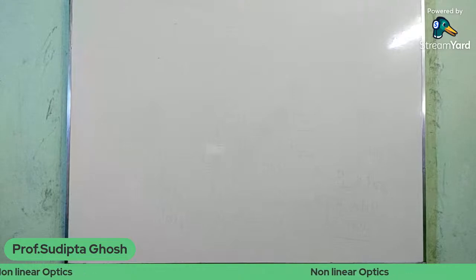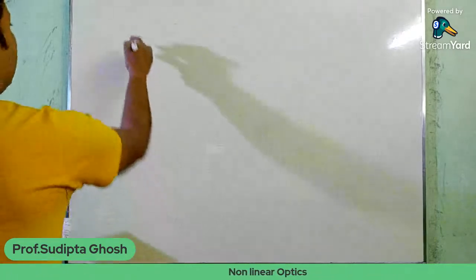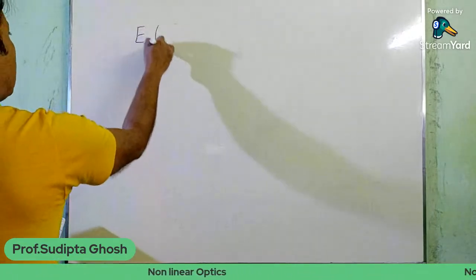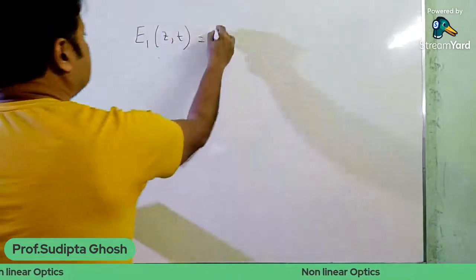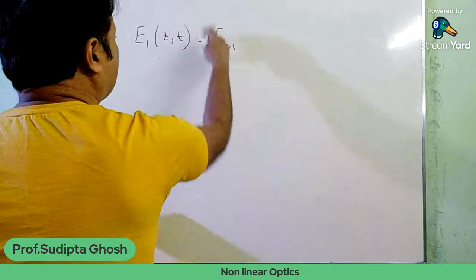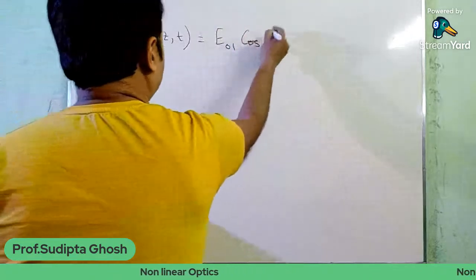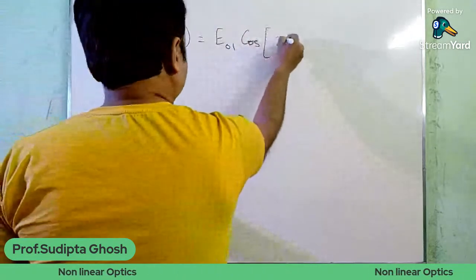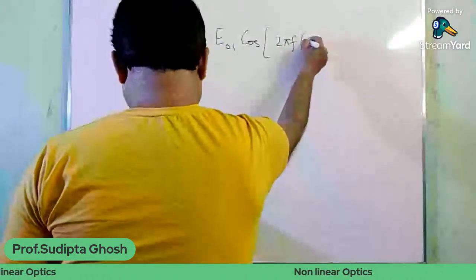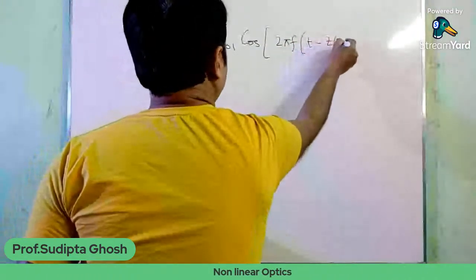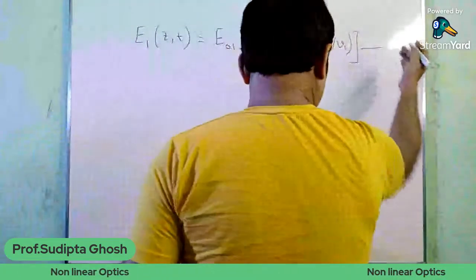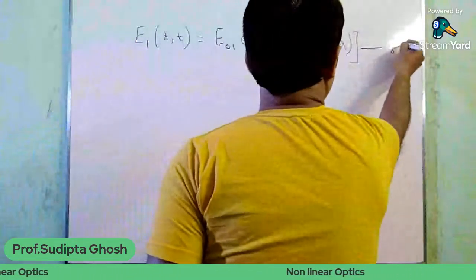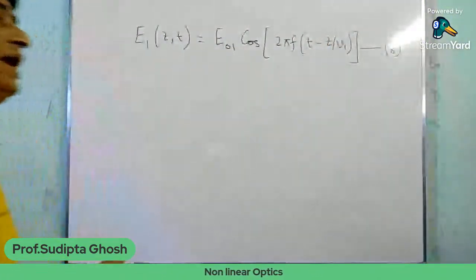The electric field strength can be written as E1(z,t) = E01 cos 2 pi f (t minus z by v1), where E01 is the intensity. The last equation was equation 7, so this is equation number 8.